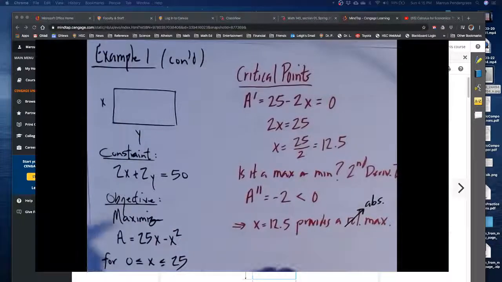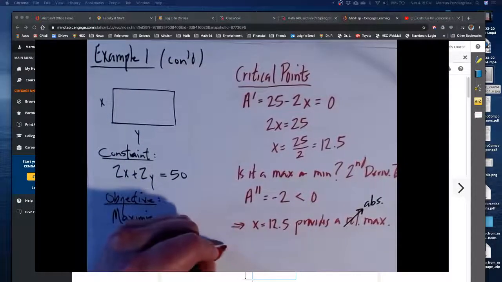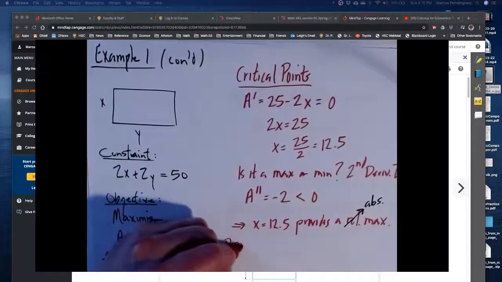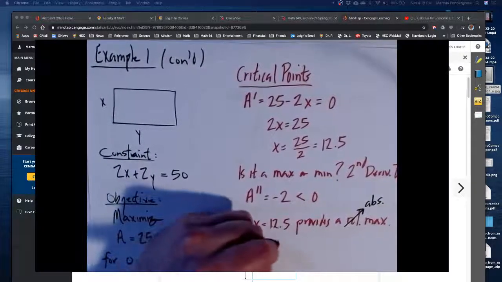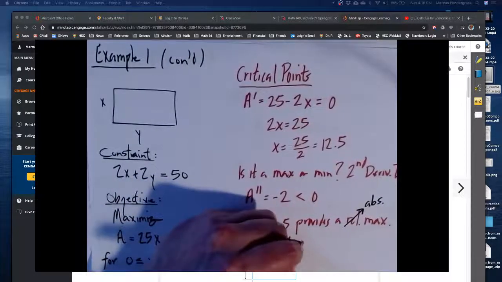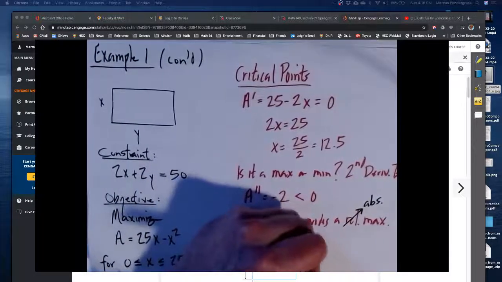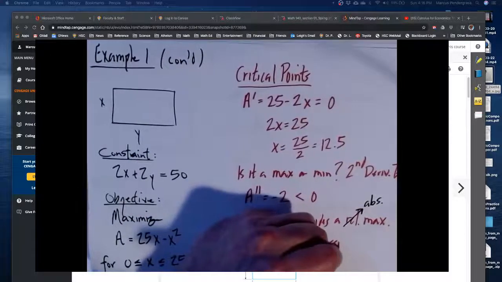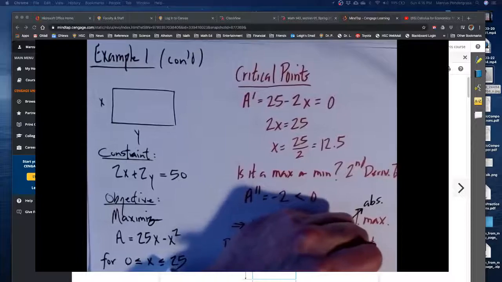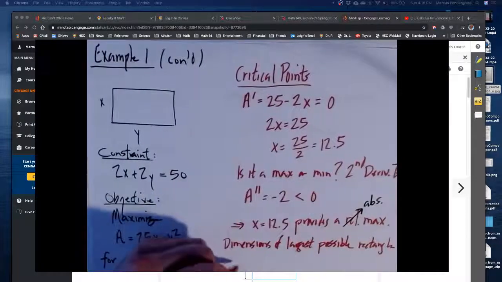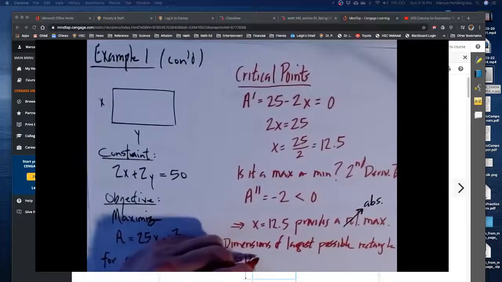So the dimensions of the fence that gives us the largest area, so the dimensions of the largest possible rectangle in terms of area, are x equal 12.5.